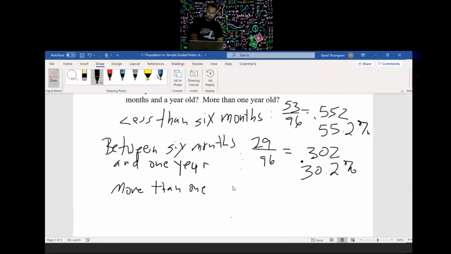And then last but not least, more than 1 year old. The problem doesn't tell us, so what we need to do is take the total number of trout in the lake and subtract. So we'll take 96, subtract 53, and subtract 29 to find that total.